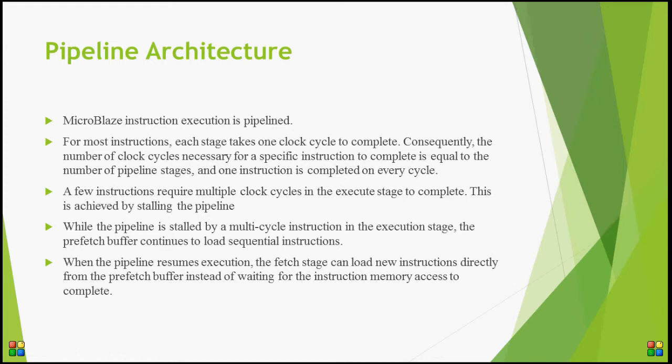This is achieved by stalling the pipeline. While the pipeline is stalled by a multi-cycle instruction in the execution stage, the prefetch buffer continues to load sequential instructions. When the pipeline resumes execution, the fetch stage can load new instructions directly from the prefetch buffer instead of waiting for the instruction memory access to complete.